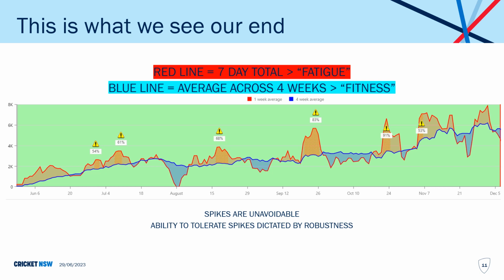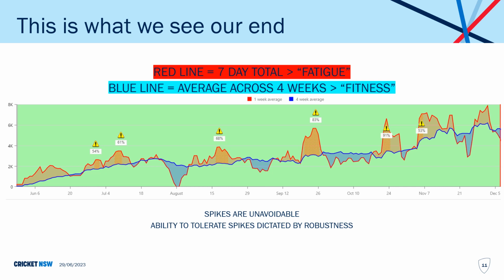We'll try and keep those lines as close as possible together, but in reality, there's going to be spikes, and you can see the spikes where there's a yellow exclamation mark and a percentage value next to it, where the 7-day total has gone over the 4-week average by a certain amount, and that's shown with a percentage value.